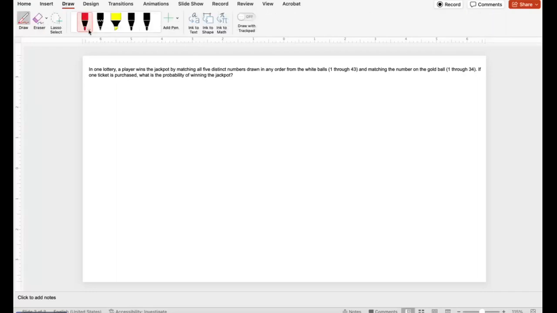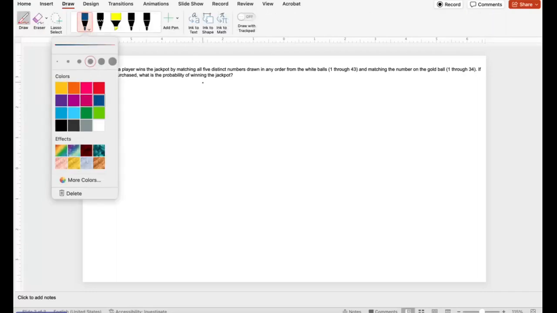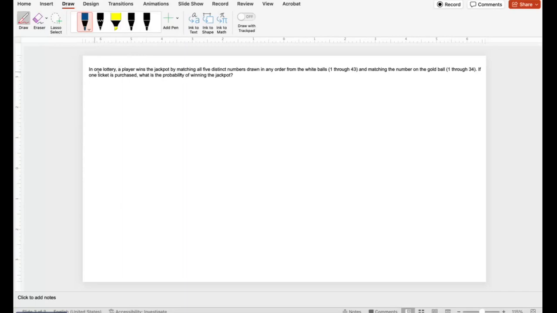So for this little piece, you want to tell me what it is? 43 and 5, right? 5 distinct numbers? Yeah, 5. Okay, so it's 43 choose 5.